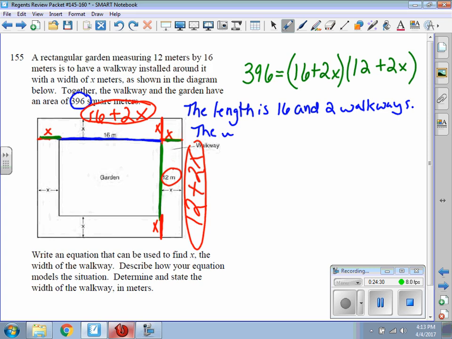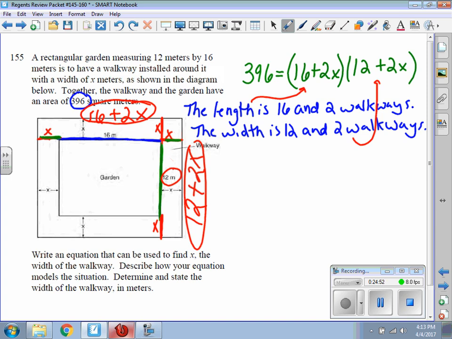The width is 12 and 2 walkways. Even better if you draw arrows from the length to the 16 and the width. It shows me where in the equation it came from.